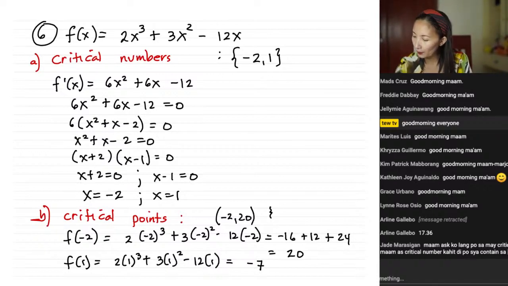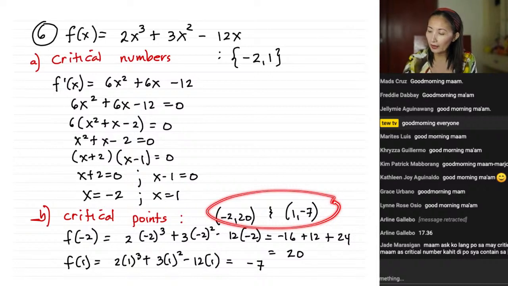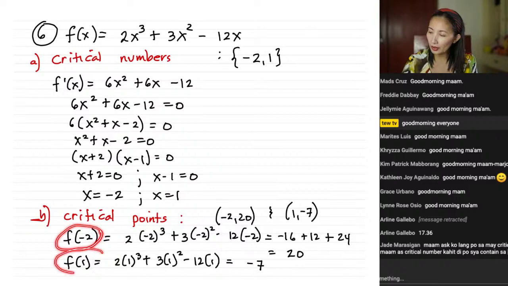So the other critical point is 1, negative 7. Once again, the critical points are obtained by evaluating the function at the critical numbers, negative 2 and 1. F of negative 2 is positive 20, so negative 2, 20. F of 1 is negative 7, so we have 1, negative 7. These are our critical points.